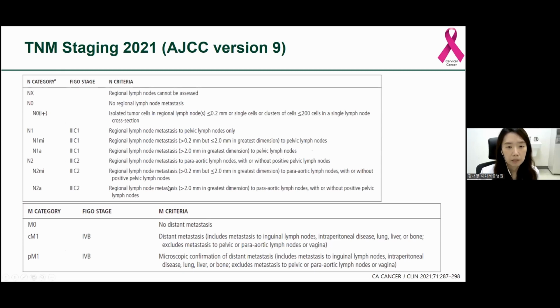So it depends on the lymph node size and the location. In N staging, the lymph nodes means invasion to para-aortic lymph nodes. If the lymph nodes invade beyond para-aortic lymph nodes, then the staging is M staging.